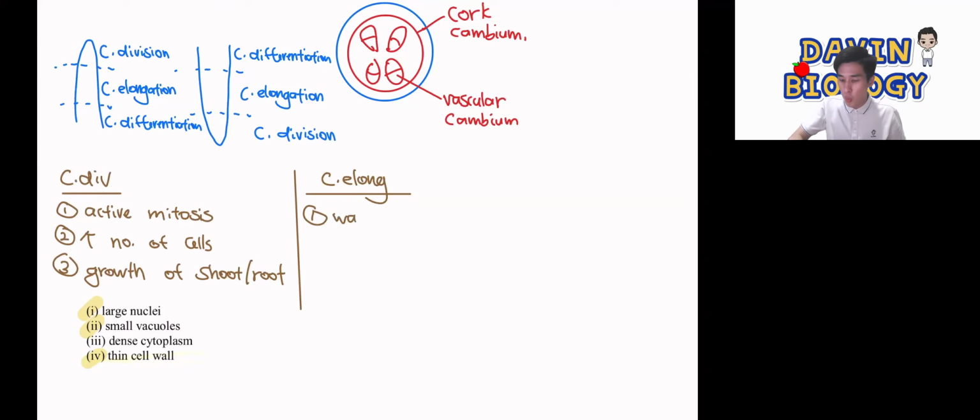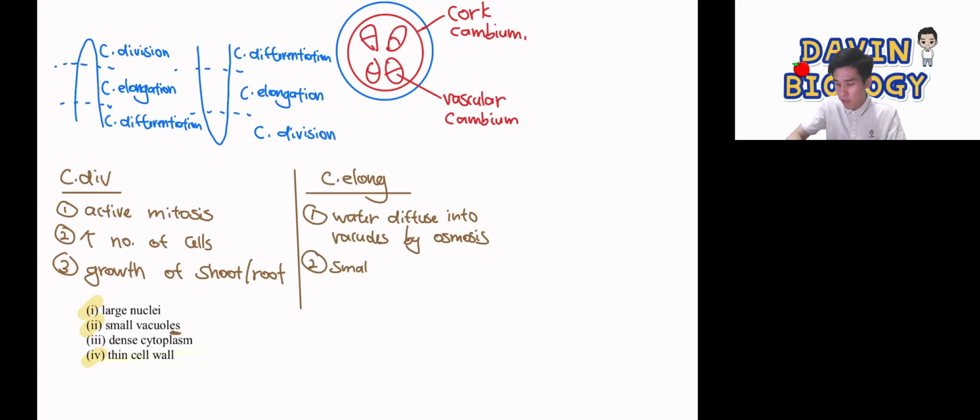Water will diffuse into the vacuoles by osmosis. At the zone of cell division, the cells have many vacuoles, but they are all very small. Now these vacuoles will start to merge. Small vacuoles will merge to form a large vacuole.